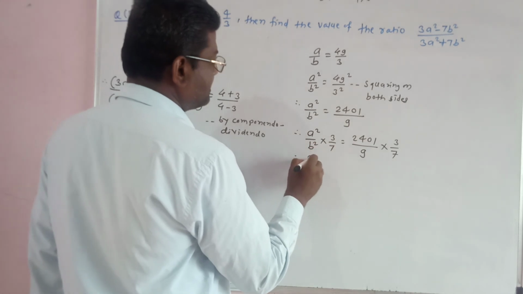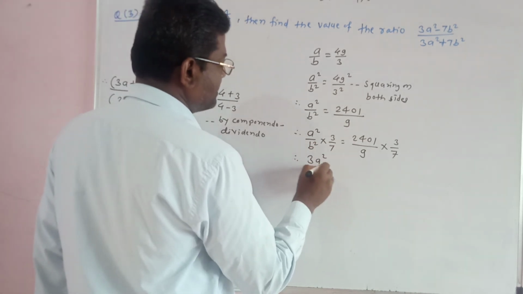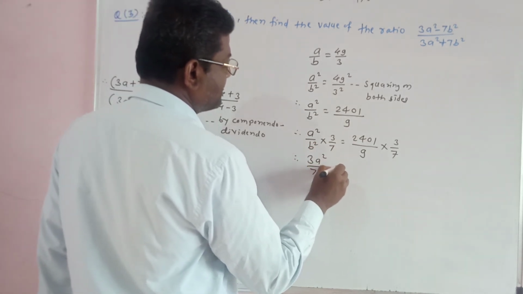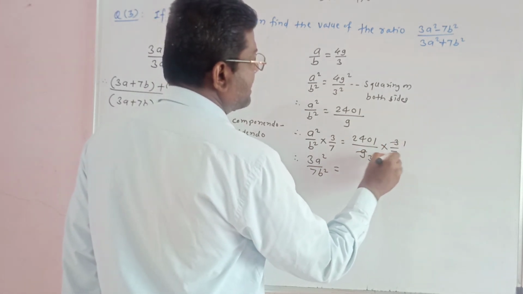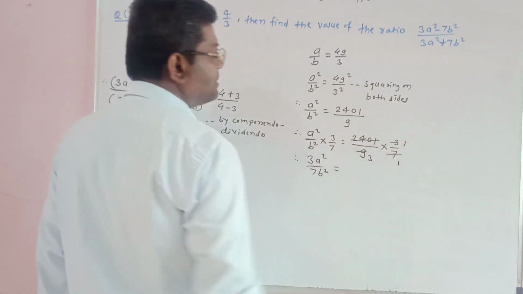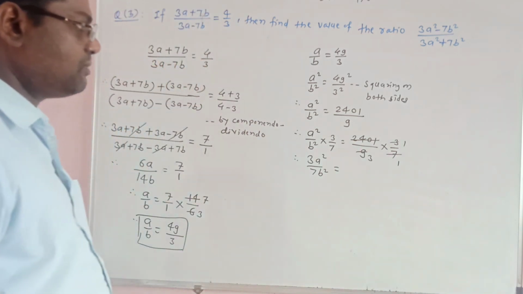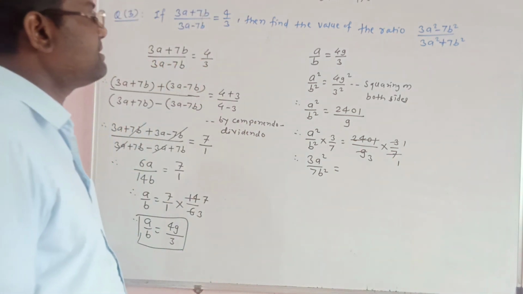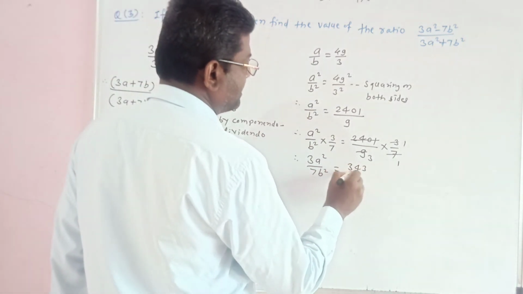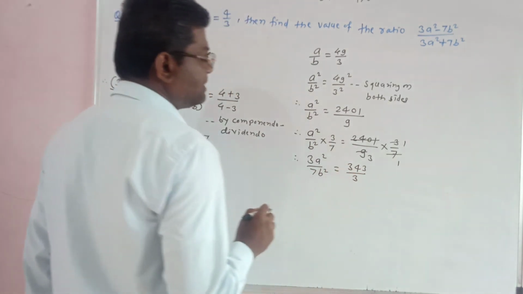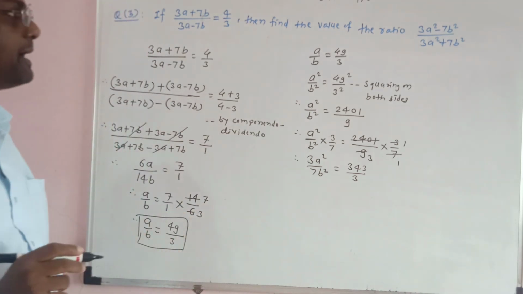Therefore it will be 3a square upon 7b square is equal to 3 3s are 9, and if we divide this 2401 by 7, we get 343. So it will be 343 upon 3 here.